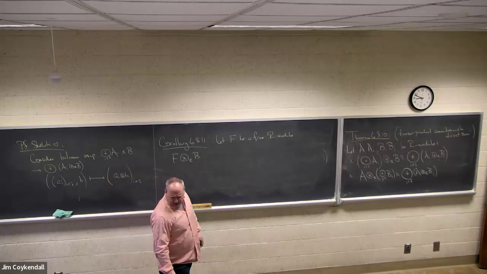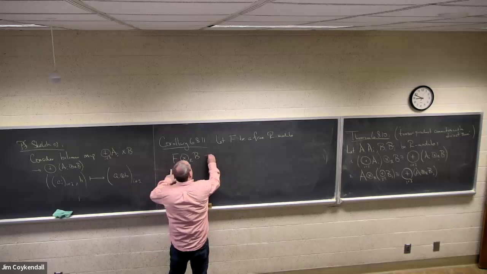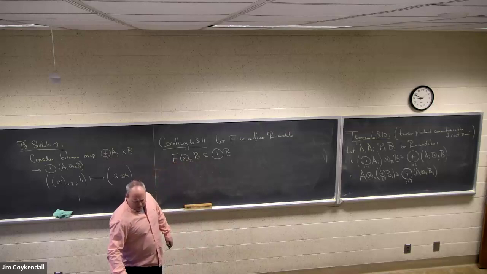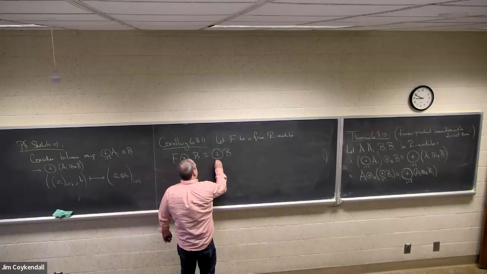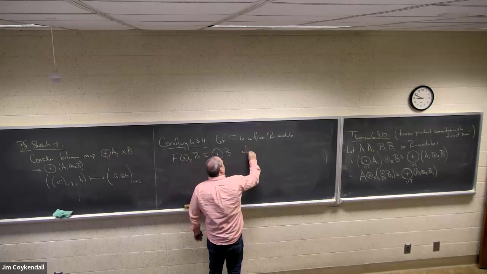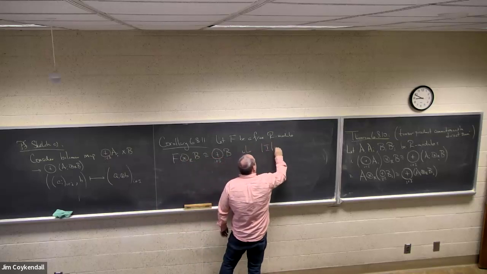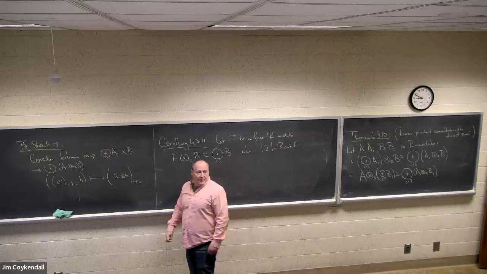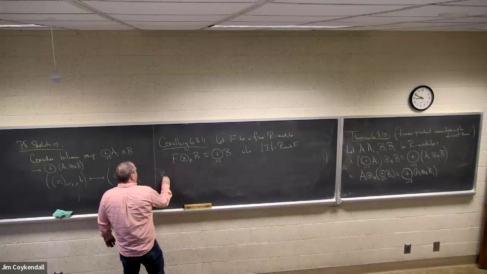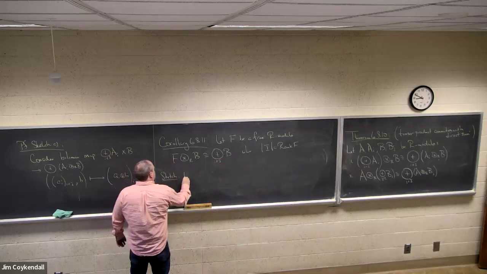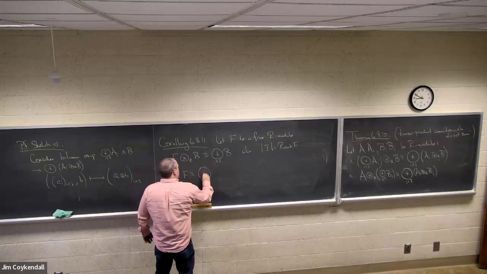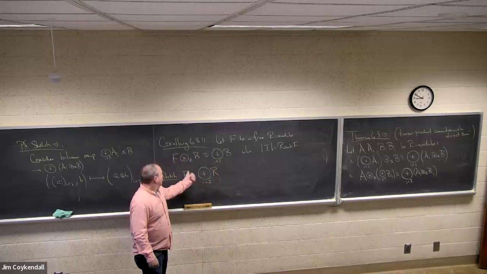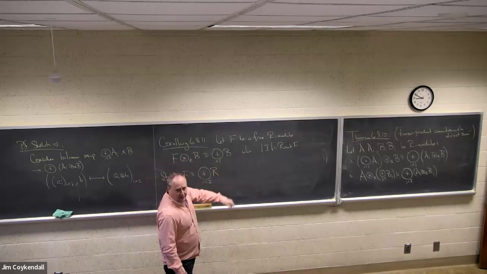Then F tensor B is isomorphic to the direct sum of some number of copies of B. And how many is this? The cardinality of I. Here I'll sketch this one. F is the direct sum of copies of R, that's what it means. Now replace this F with this and apply that theorem.